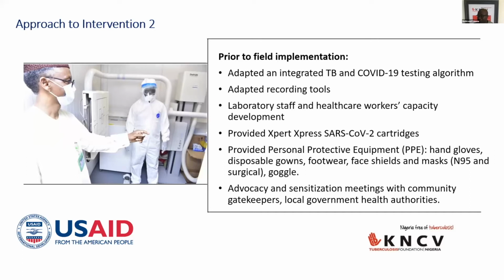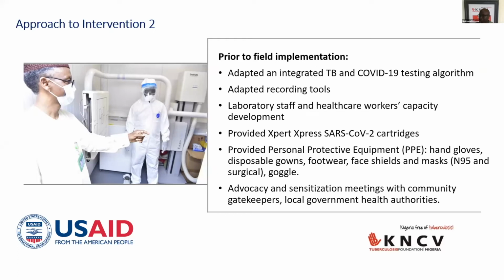Now, prior to implementation, it was very key that the KNCV team, our laboratory team, worked under the Presidential Task Force for COVID with other stakeholders, the Institute of Human Virology, the National TB Program, and CDC, to adapt the tools and define the implementation guidance. Tools, guidance documents, and even SOPs were developed.